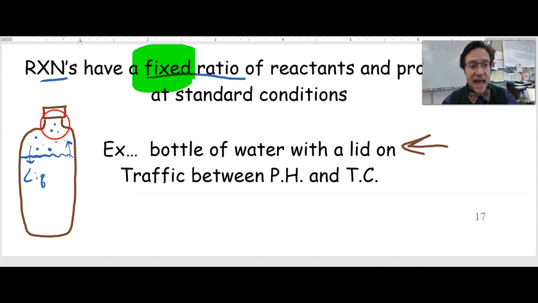Once the gas particles get to a point where there's so much concentration that the condensation equals the rate of evaporation, which is why if you leave a water bottle out with a lid on for a while, you'll see little water droplets of condensation build up on the side. That is from the condensation, right? It's evaporating and it's condensing, and as long as the lid is on there, you'll hit a system at equilibrium, which is awesome.